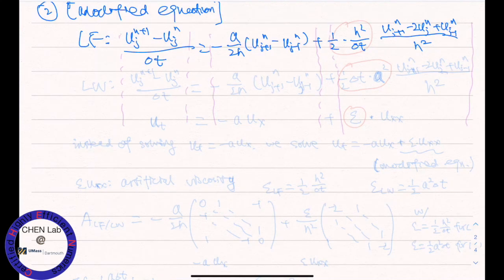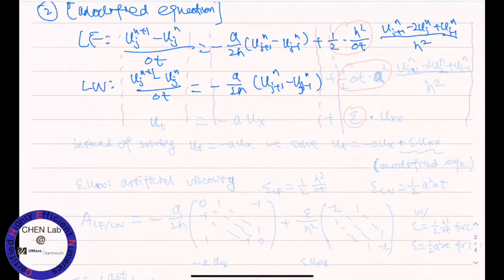For the Lax-Wendroff, we're going to do the same thing. (u_j^(n+1) minus u_j^n) divided by delta t is equal to negative a over 2h times (u_(j+1) minus u_(j-1)).